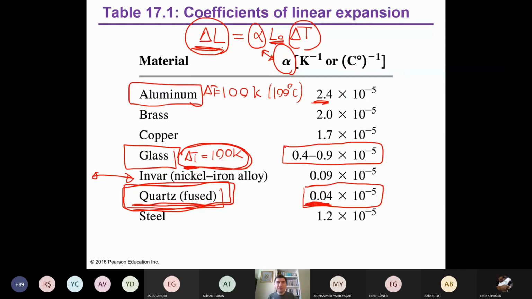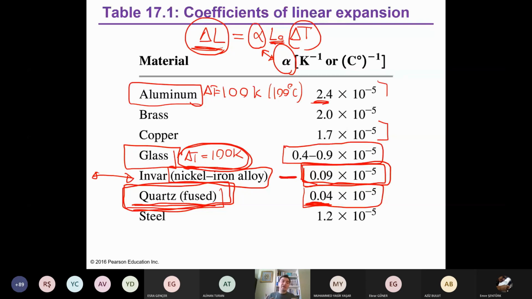This is a special nickel-iron alloy, and it has a very low linear expansion coefficient compared to the aluminum, the copper, the pure nickel, the pure iron. It has a different thermal expansion coefficient and is a very useful material for industrial applications. So for industrial applications, you need a material with a very low thermal expansion coefficient.